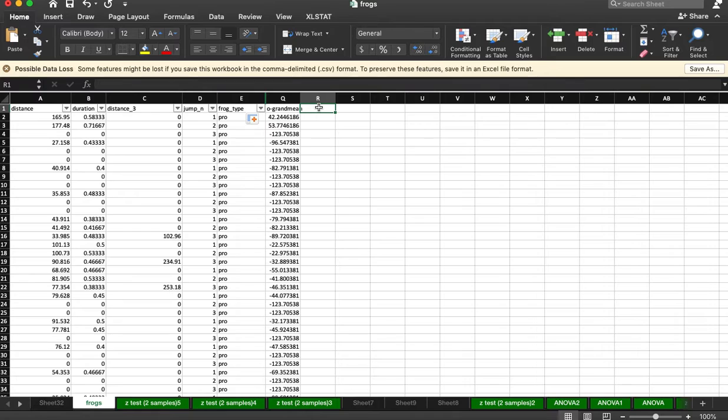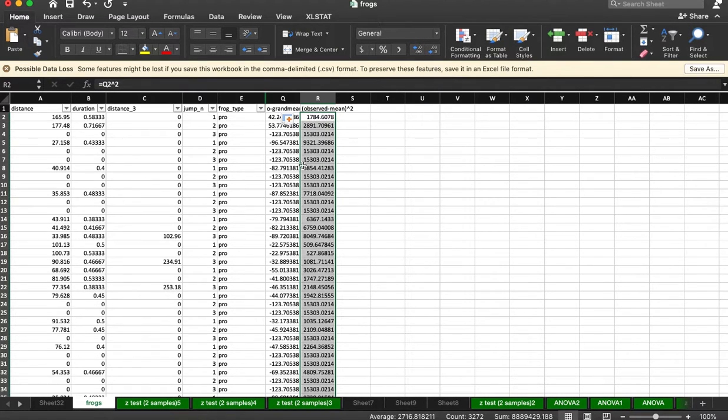Now I need to take that and square it. So this is observed minus mean squared. And what happens when we do this is we get rid of all of our negative numbers. So everything's positive now. Great.